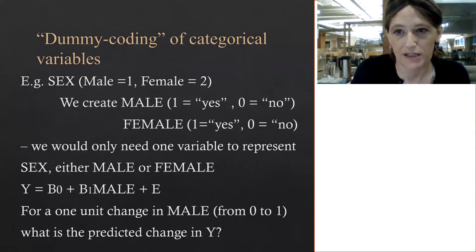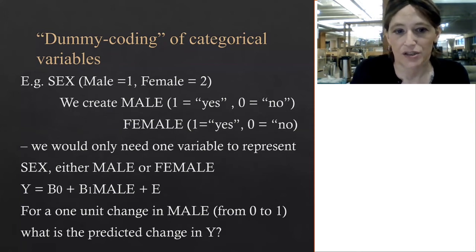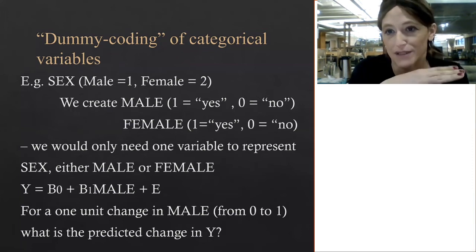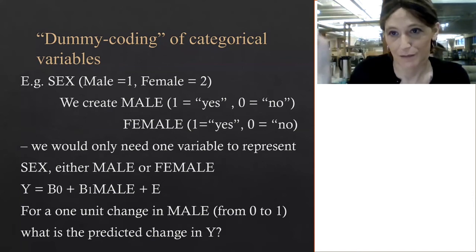So if I wanted to test the effect of sex within a linear regression model, I would simply have 1 variable representing male, yes, no, and my change in Y based on being male or female would be based on a 1 unit change. So going from 0, not male, to 1 male, that would be the predicted change in Y.